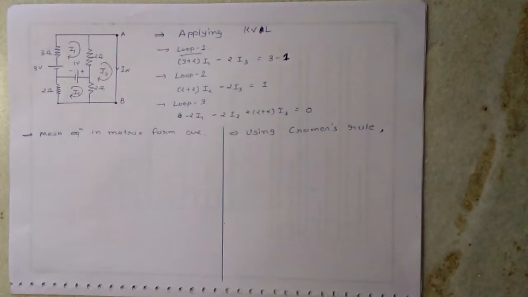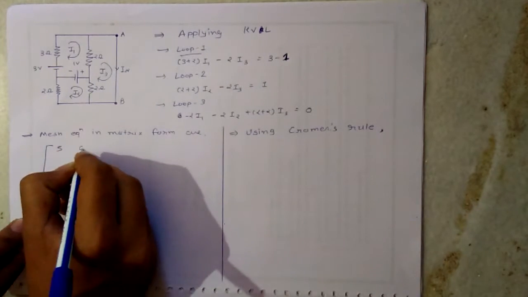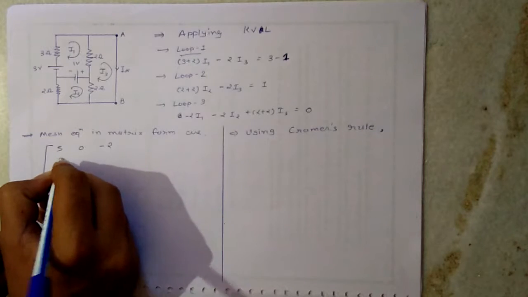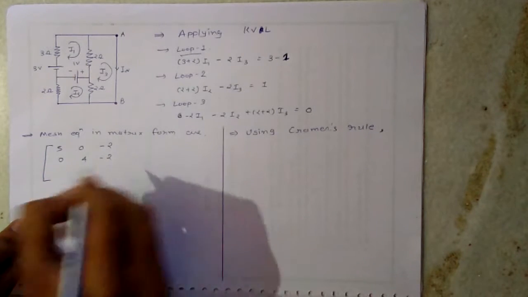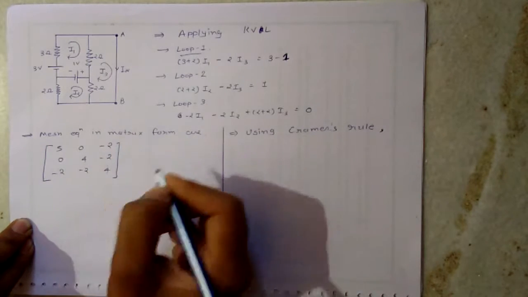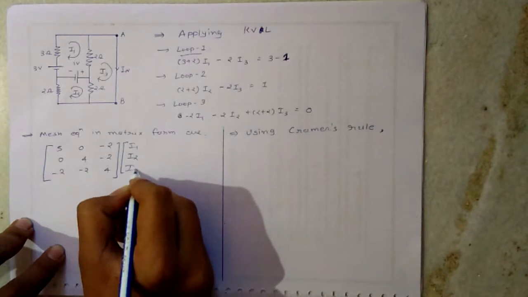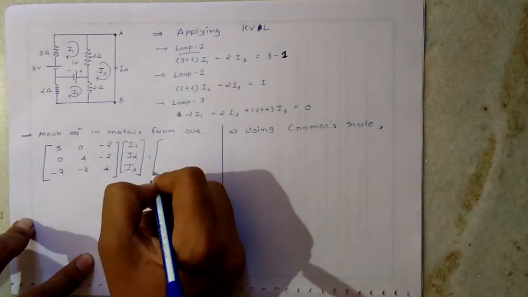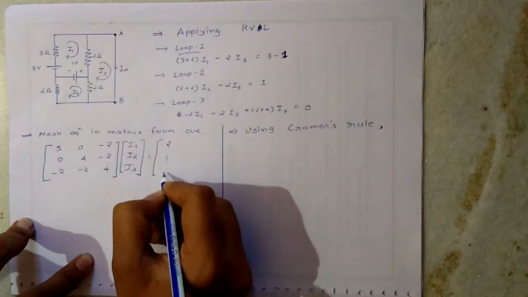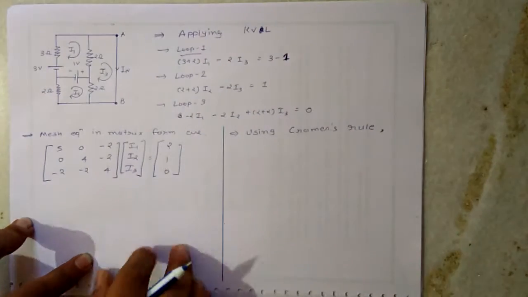Now let I1, I2, I3 be the mesh currents. From the figure, the mesh equation in matrix form will be: the matrix 5, 0, minus 2, 0, 4, minus 2, minus 2, minus 2, 4, times the currents I1, I2, I3, equal to the potentials 2, 1 and 0. We have just made this matrix from these three equations.